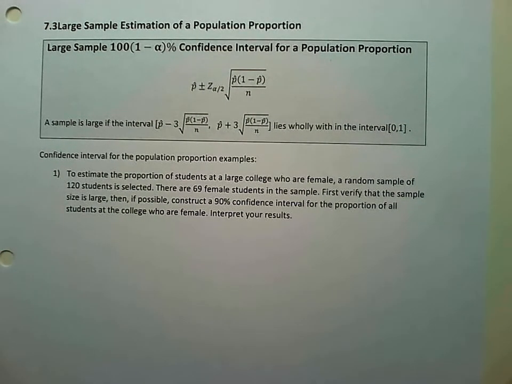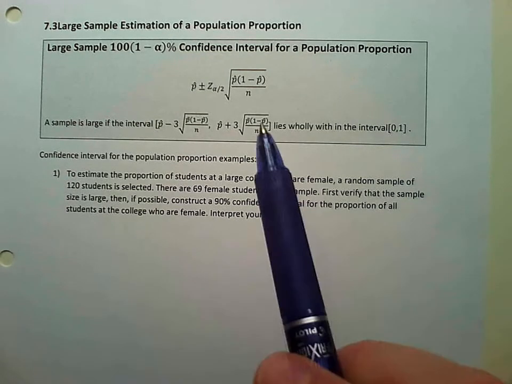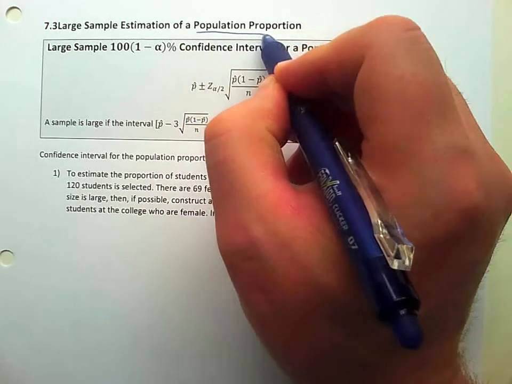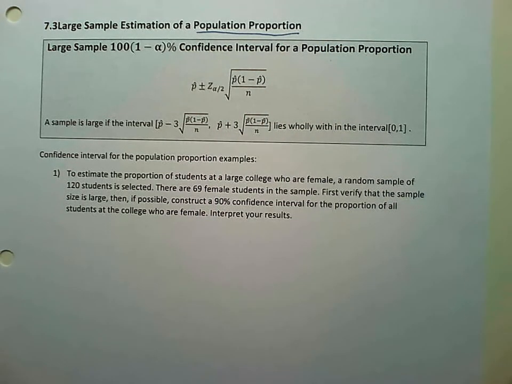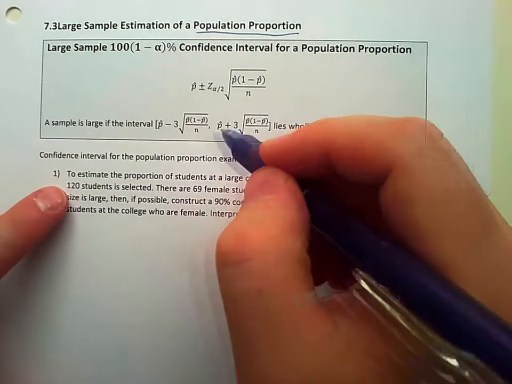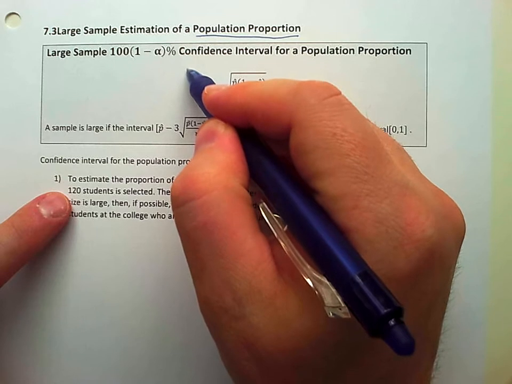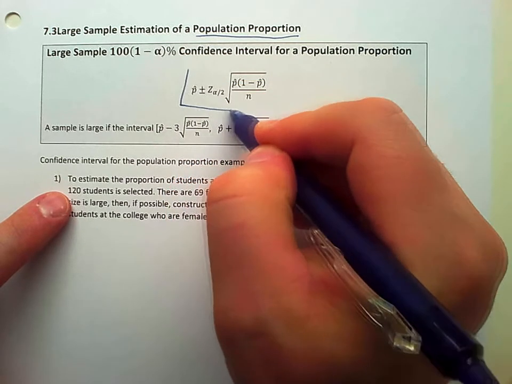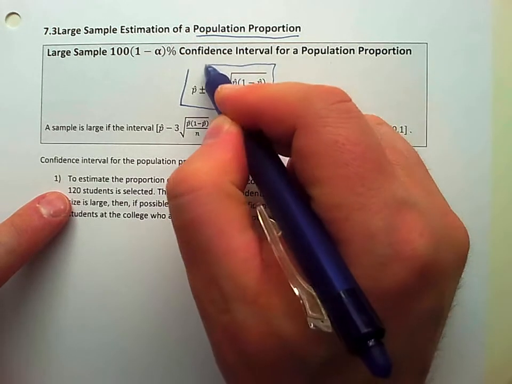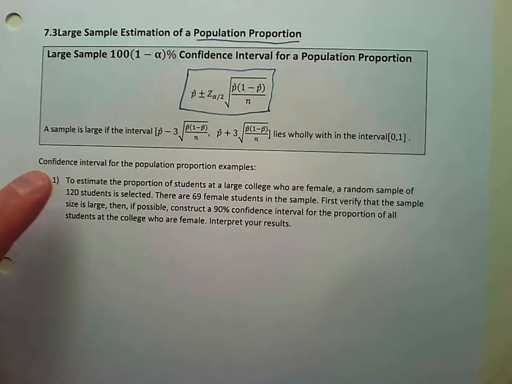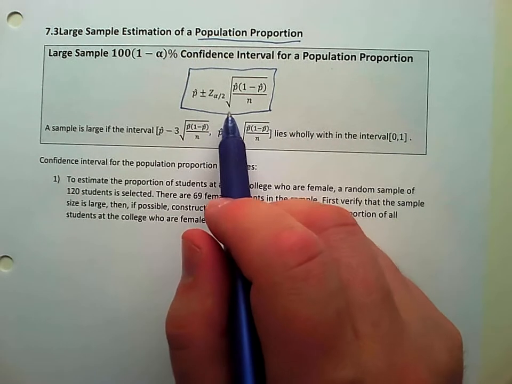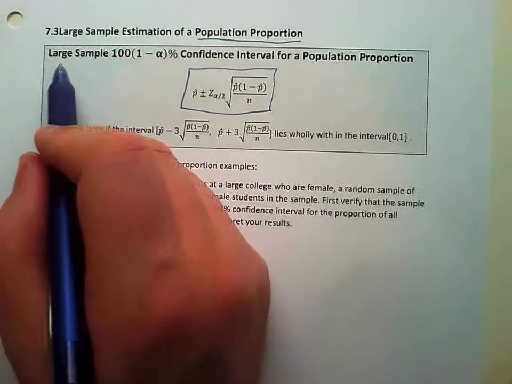We're going to look at large sample estimation of a population proportion. So we're no longer looking at the population mean, but now we're looking at the population proportion. Whenever we're trying to calculate our confidence interval for the population proportion, we only have this one formula right here.